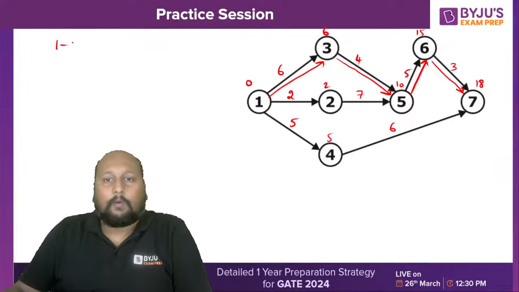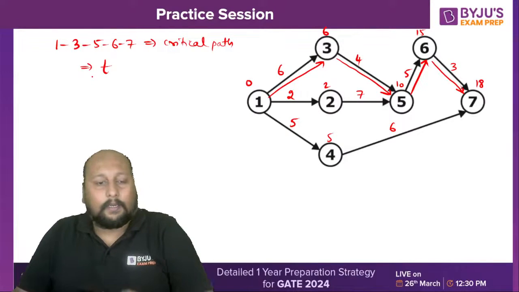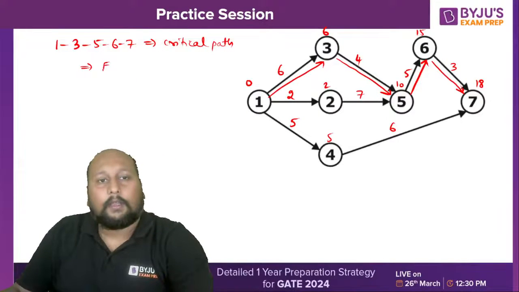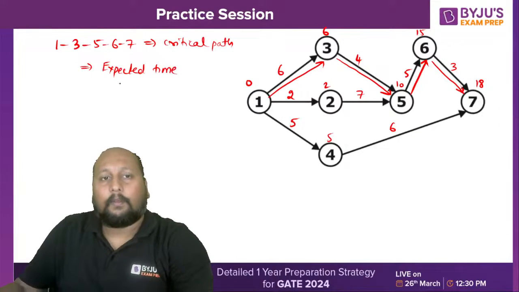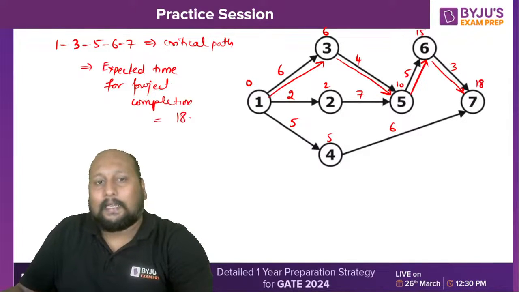So 1, 3, 5, 6, 7 is the critical path that we are talking about, and from here the expected time for project completion is coming out to be 18 days.